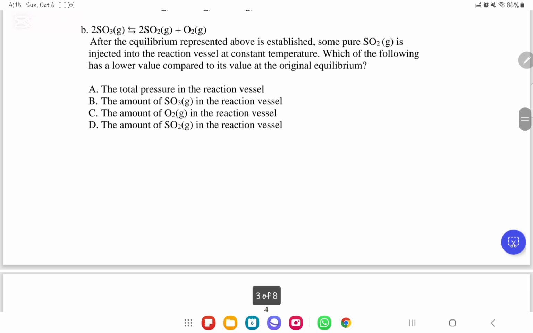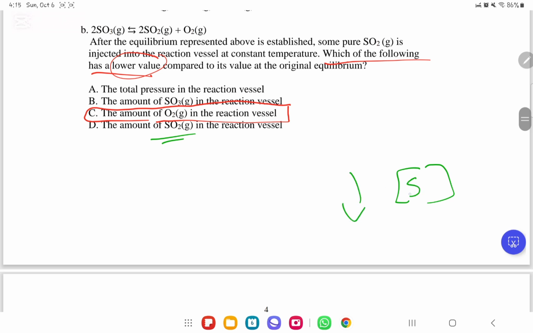So our answer: they're asking which of the following has a lower value. Definitely the amount of O2 in the reaction vessel. But why did we not choose the amount of SO2? Because remember when I said that even though we decrease the concentration of SO2, it will still be higher than the original concentration.